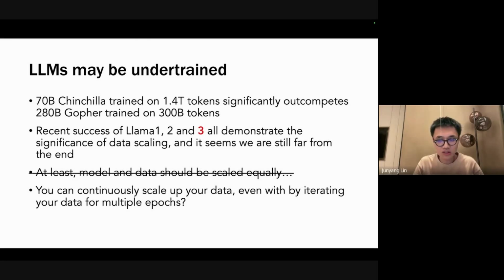So you need to continuously scale up your data, but you need to find some rules to balance quality and quantity. And you can even iterate your data for multiple epochs. We have tried it some times, but we don't often use this. It is actually helpful, but due to our resources, most of the time we only train for one epoch.